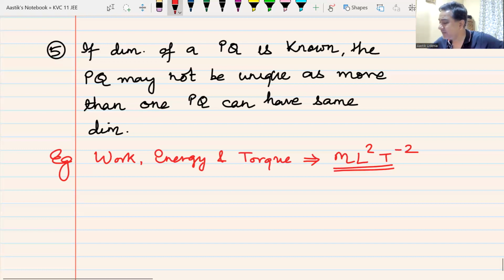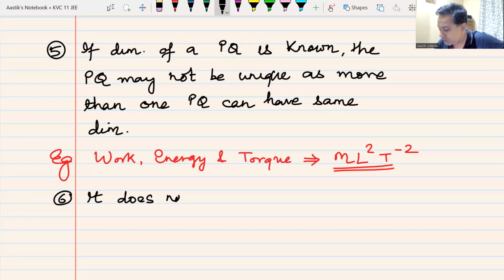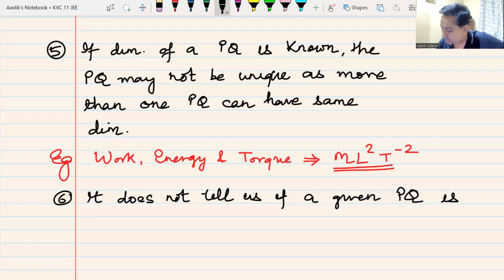Okay, then there is a very simple one which does not need any explanation. This is number 6. Dimension analysis does not tell us if a given physical quantity is a scalar or vector.